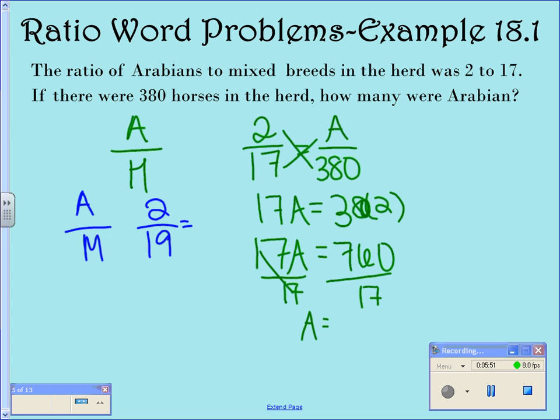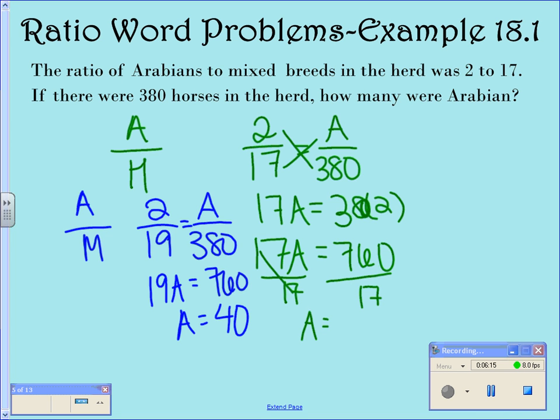Do it equal what? 2 over 19 equals, why? That's 40.